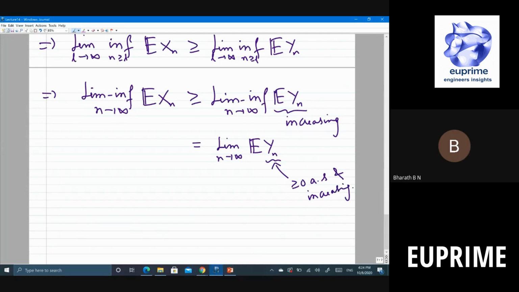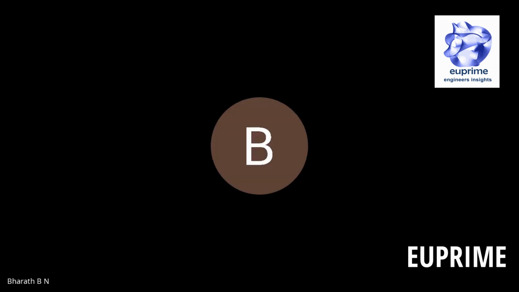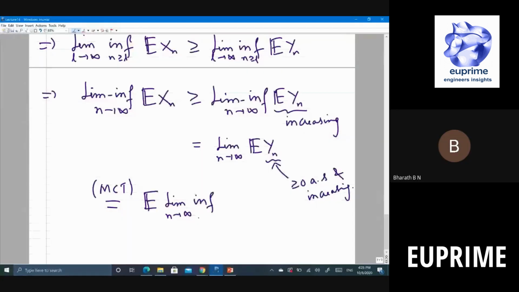Now what will be the next step? Sir, apply the monotone convergence theorem, MCT. Yeah, apply MCT and exchange the limit and integration. So it will be the expected value of the limit, n tending to infinity, of yn, which is the infimum over all k greater than or equal to n of xk.